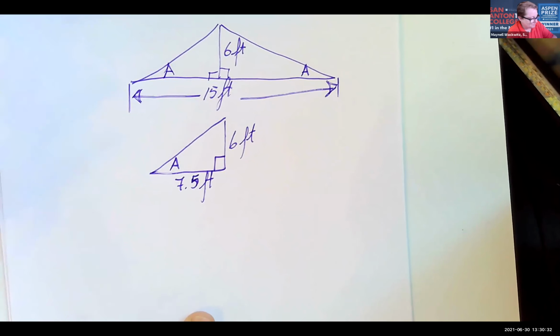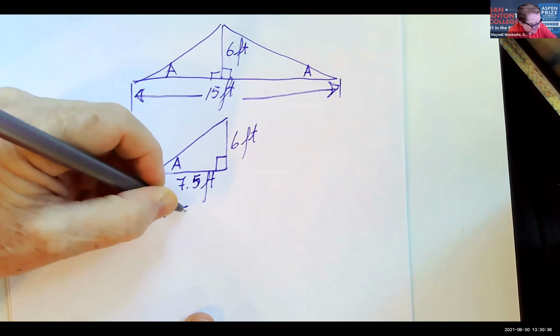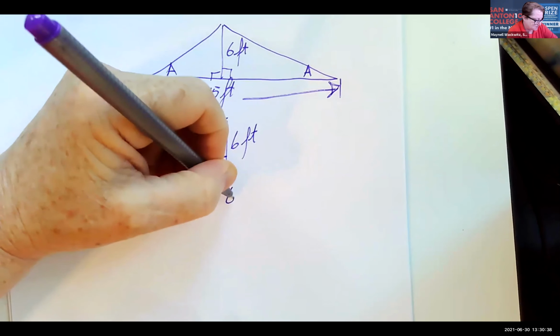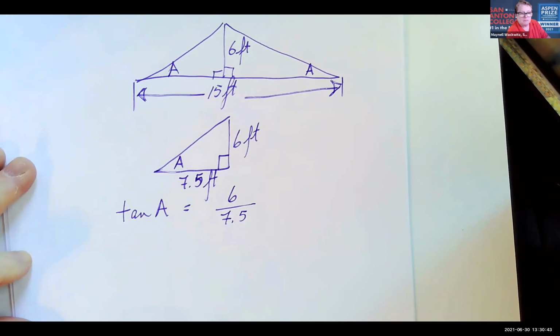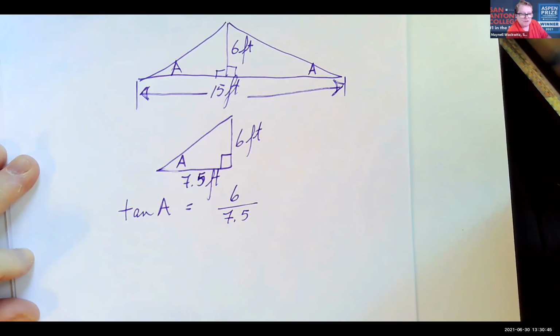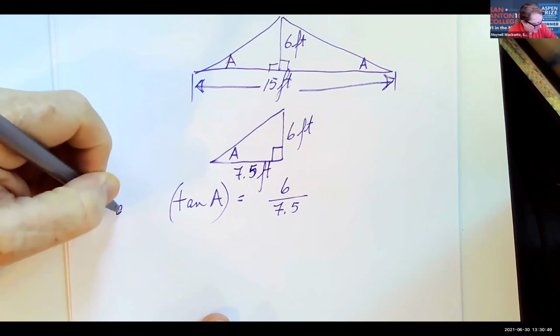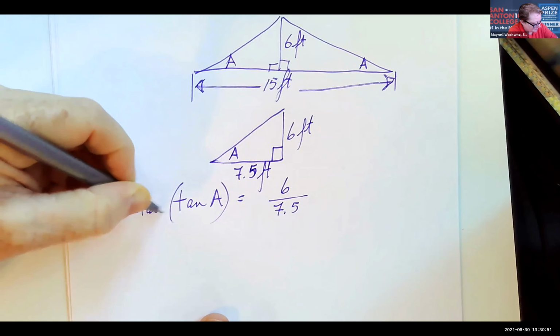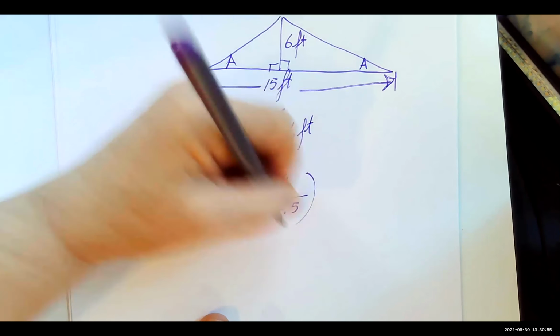Tangent? We know that the tangent of A equals 6 divided by 7.5, but we don't have A. So we want to do arctan. Can't we get A though?